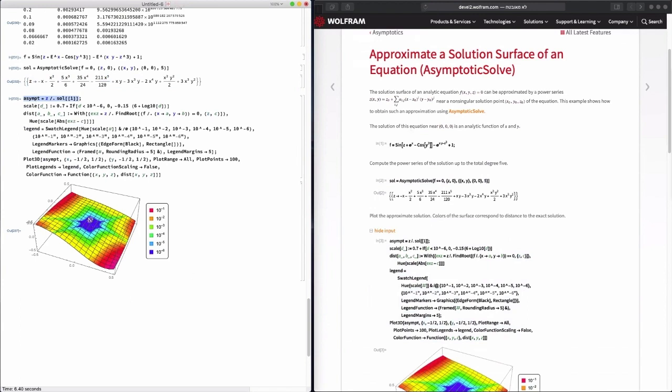So you can see that near 0 we have 10 to the minus 6 level agreement, and then by 1/2 or so we're talking close to order 1 error, or at least order -1 error.